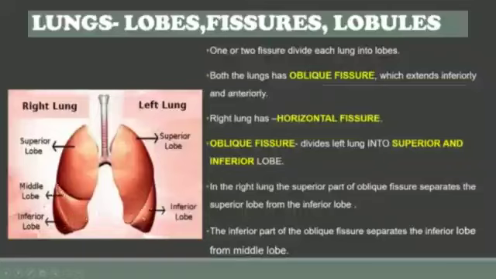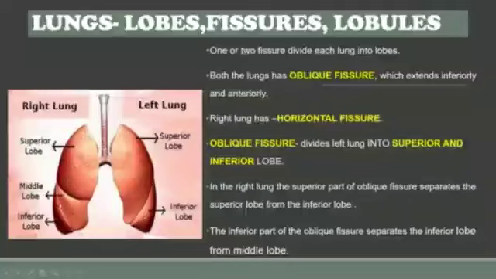Due to the presence of this oblique fissure, you are dividing both the lungs into a superior lobe and an inferior lobe. But the right lung, on the other hand, has an extra fissure called the horizontal fissure. This horizontal fissure will divide the upper lobe into the superior lobe and the middle lobe.